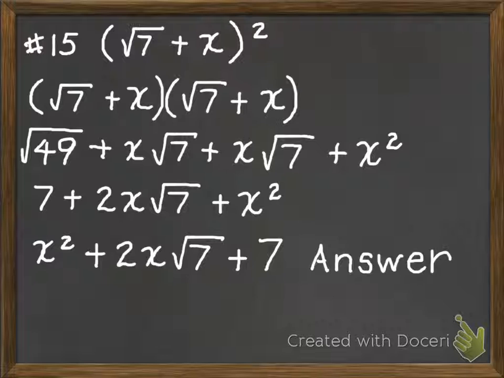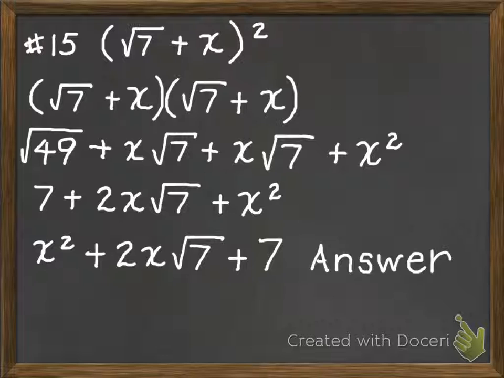Square root of 7 times x, I write it as x times the square root of 7. And then the second term times the first is again x times the square root of 7. And then x times x is x squared.